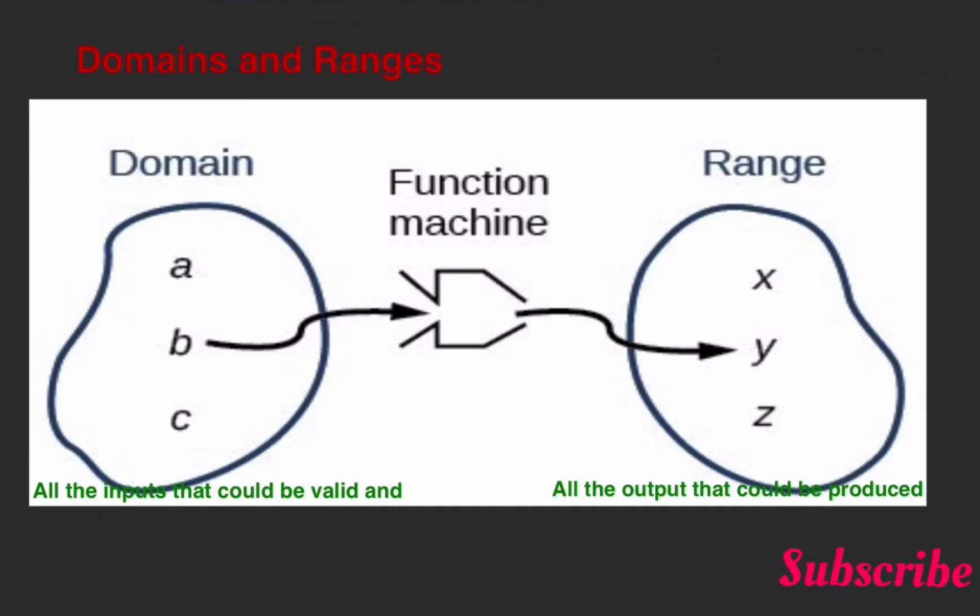For example, say we have the square root of x. Well, let's write it here. This is the function: f of x is equal to the square root of x.